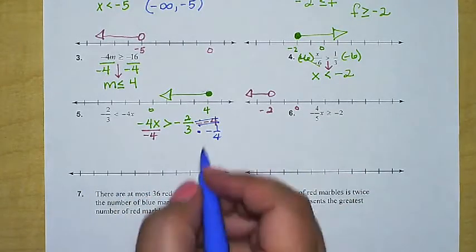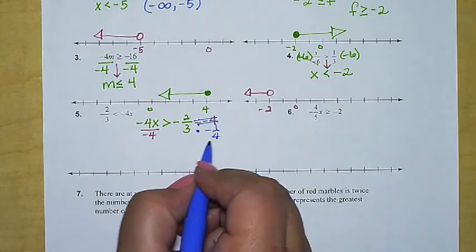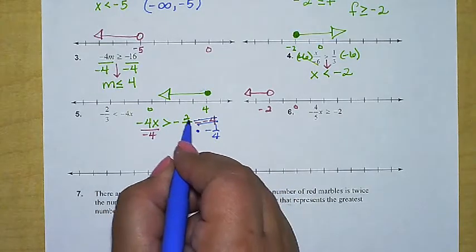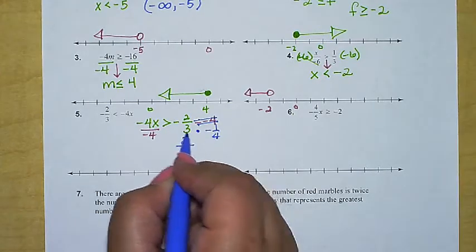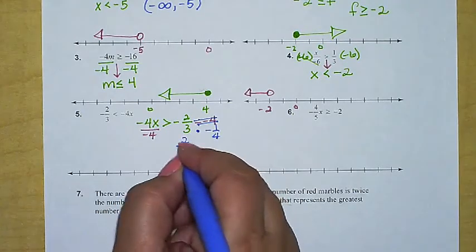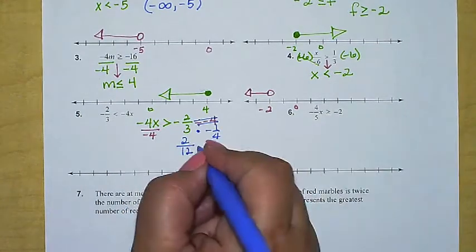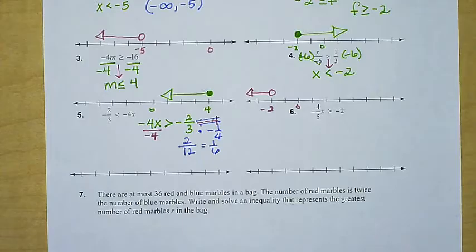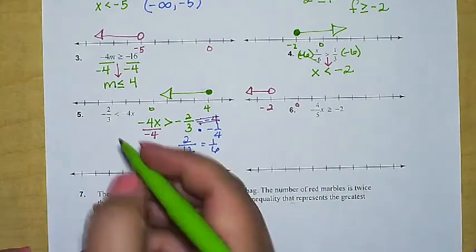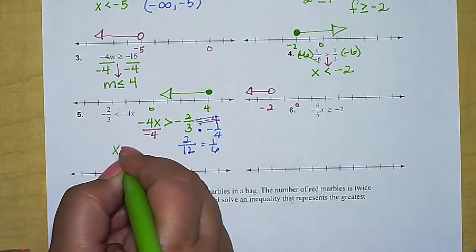Okay, and a negative times a negative is a positive. 1 times 2 on the top is still a 2. On the bottom, I've got 3 times 4, which is a 12. And that does reduce to 1/6. So our inequality is all the x's that are this time less than.